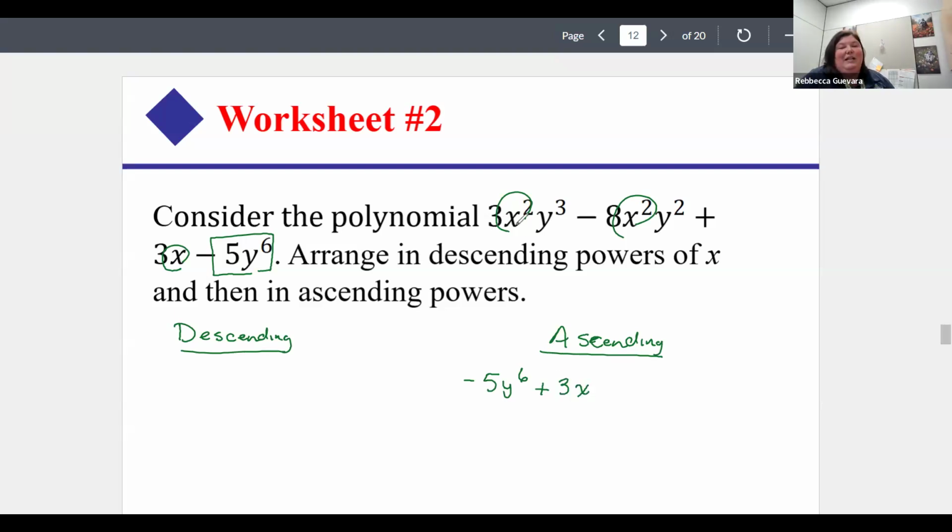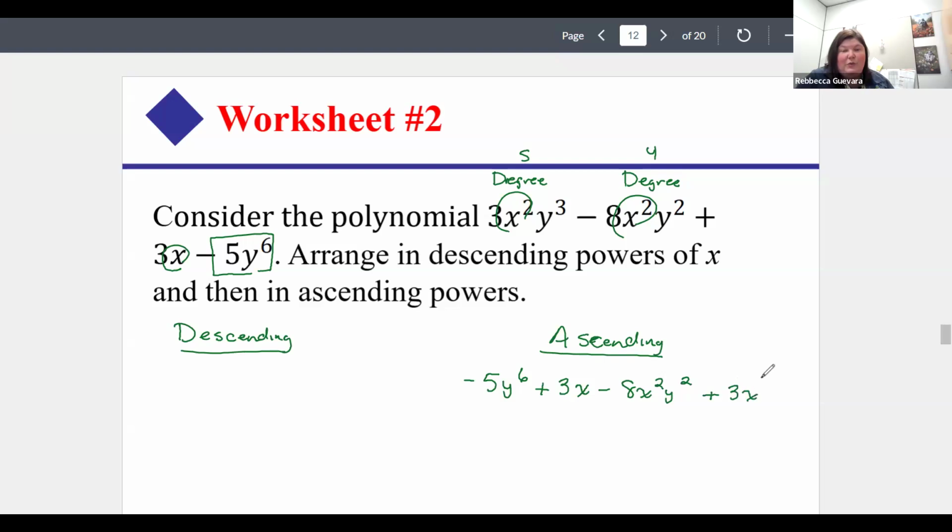Then you may have noticed we had these two that have the same power of x. So the suggestion would be, at that point, if you're trying to think how to arrange them, you might want to go by degree. And since we're going up, we might want to do this one first, because it's a smaller degree than the other one.